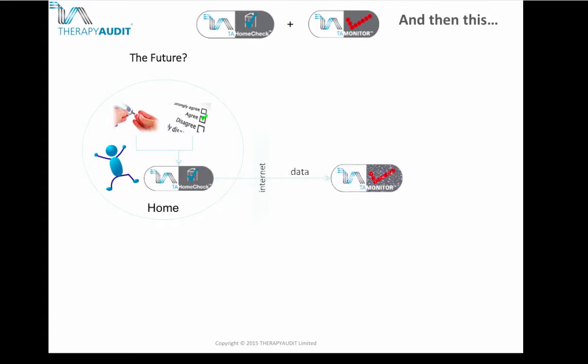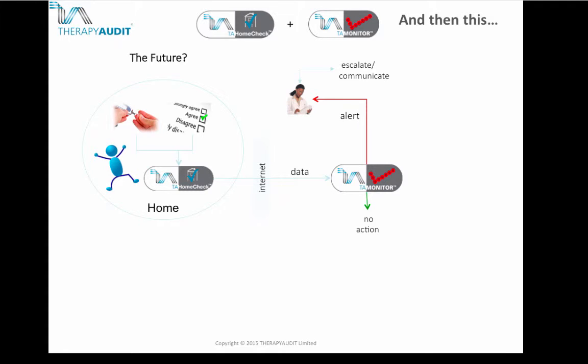Data can be entered manually or automatically transferred to the app via Bluetooth or wireless enabled equipment. When the data is received, it's checked in the same way by TAMONITOR according to rules set up by the clinician. Alerts and DNAs are identified and dealt with, including escalation to other health professionals and stakeholders such as carers.